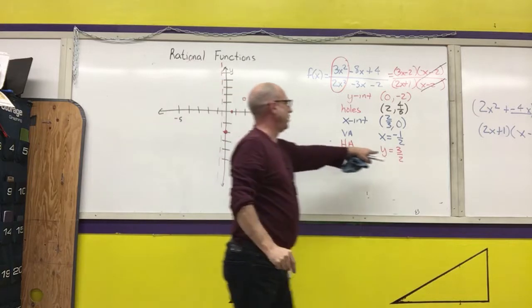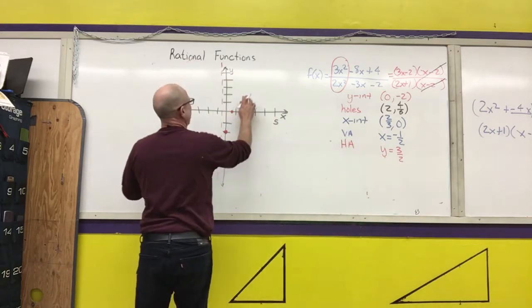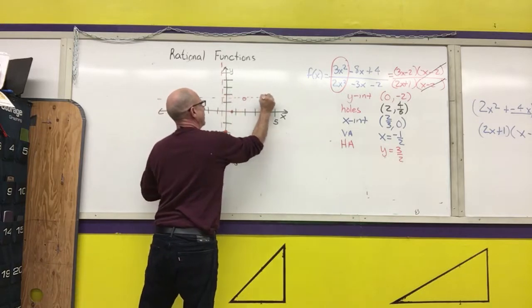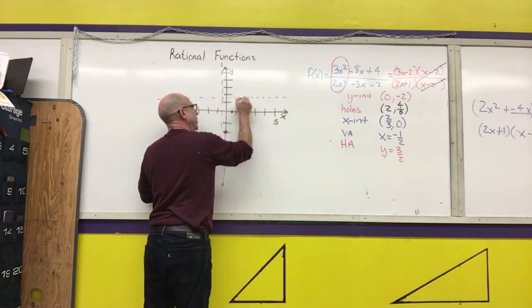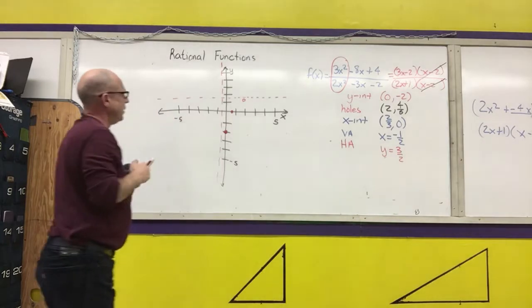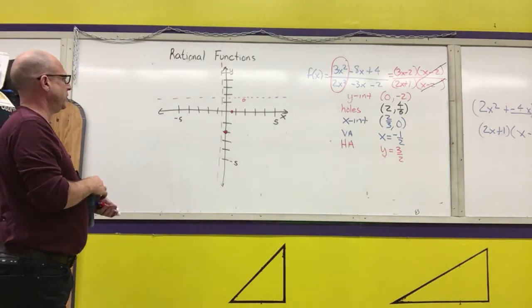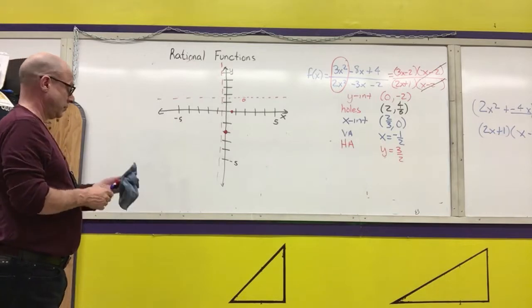I have a horizontal asymptote at 1 1/2. And make that hole there. And now I say we have enough information to graph this function.